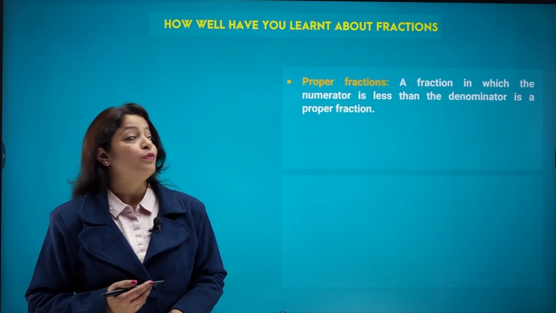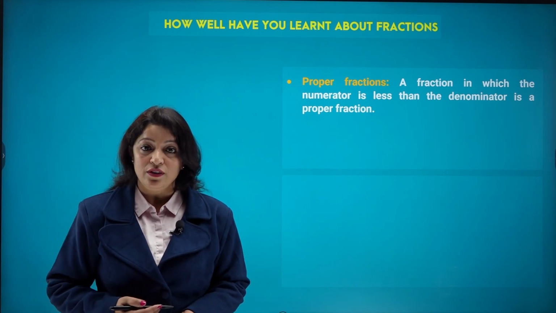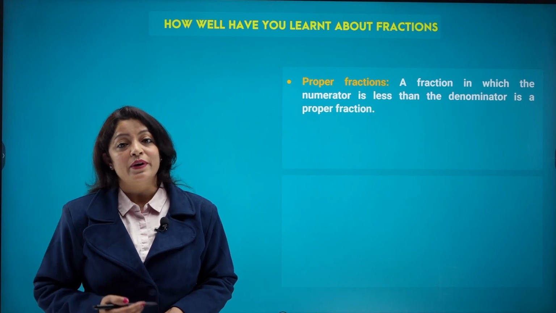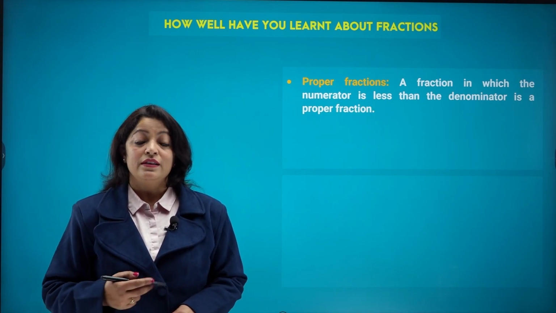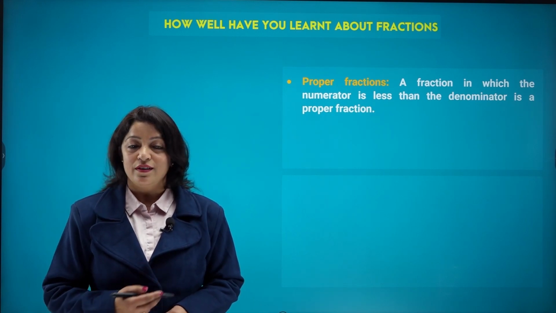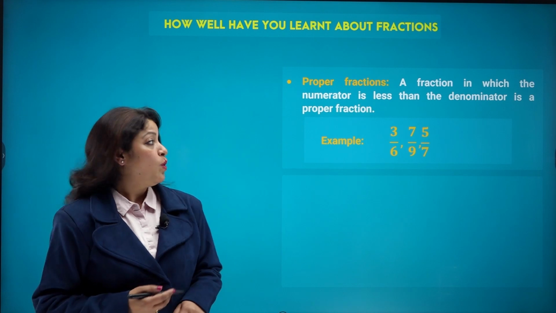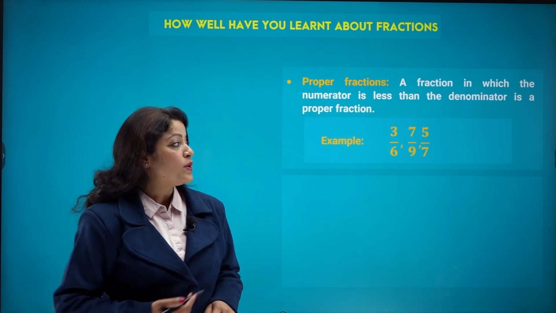So here we know what are the proper fractions. Proper fractions are the fractions in which the numerator is less than the denominator. That means a proper fraction will be less than 1. For example, we have 3 over 6, 7 over 9, 5 over 7.